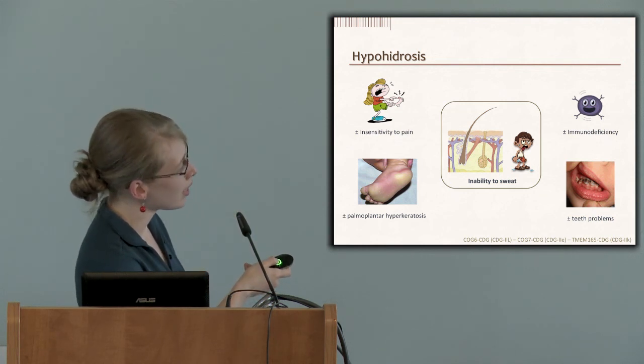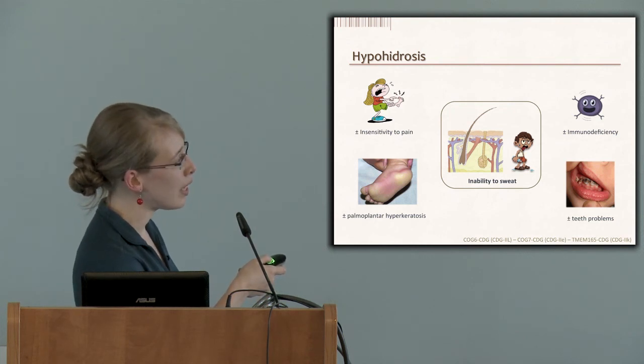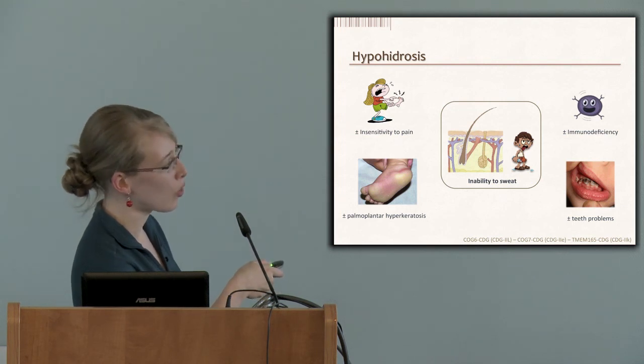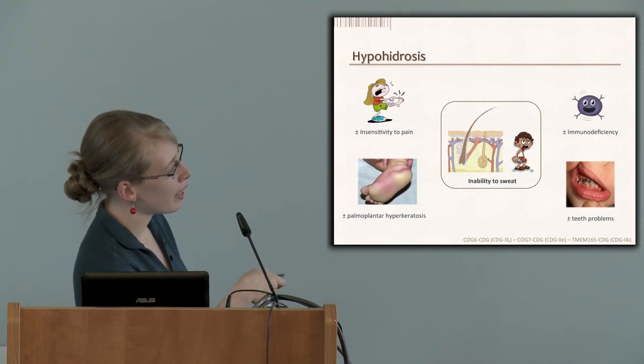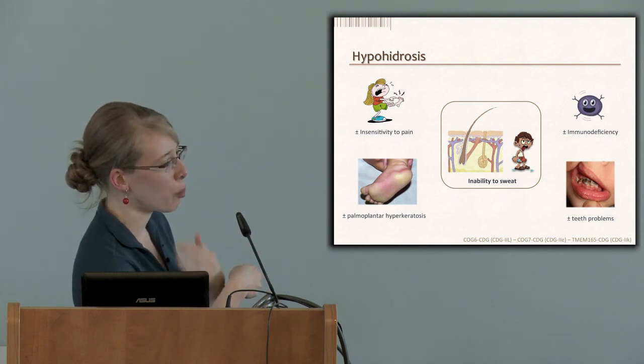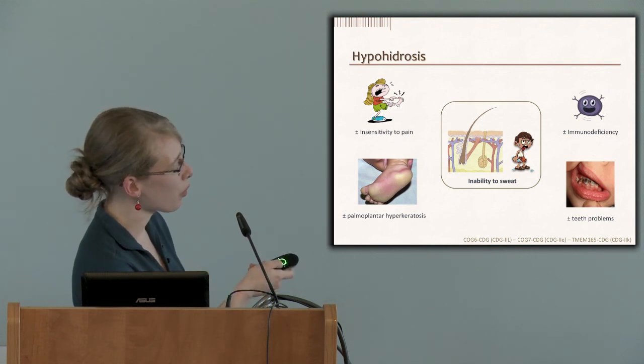And also teeth problems, which can go from what they call enamel hypoplasia, where the teeth are not well developed, to slighter problems. That means that the patient gets bad teeth very early, caries and little holes in the teeth.